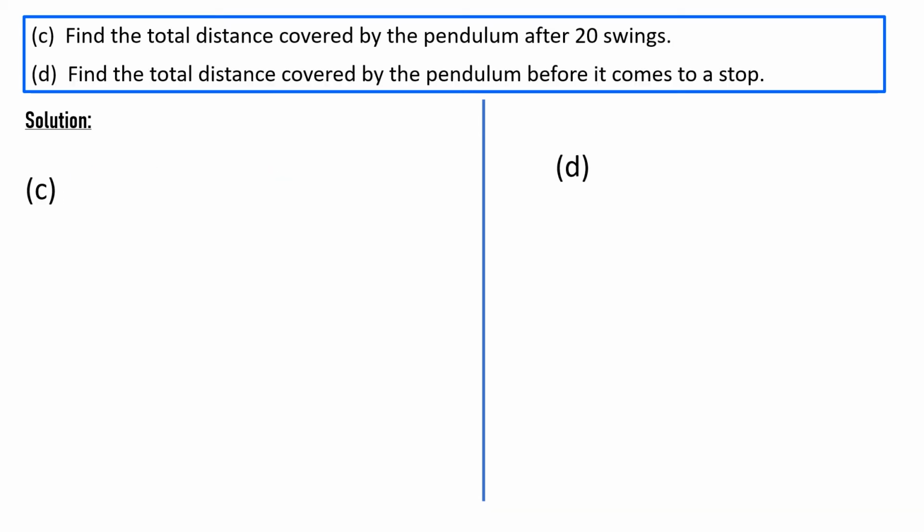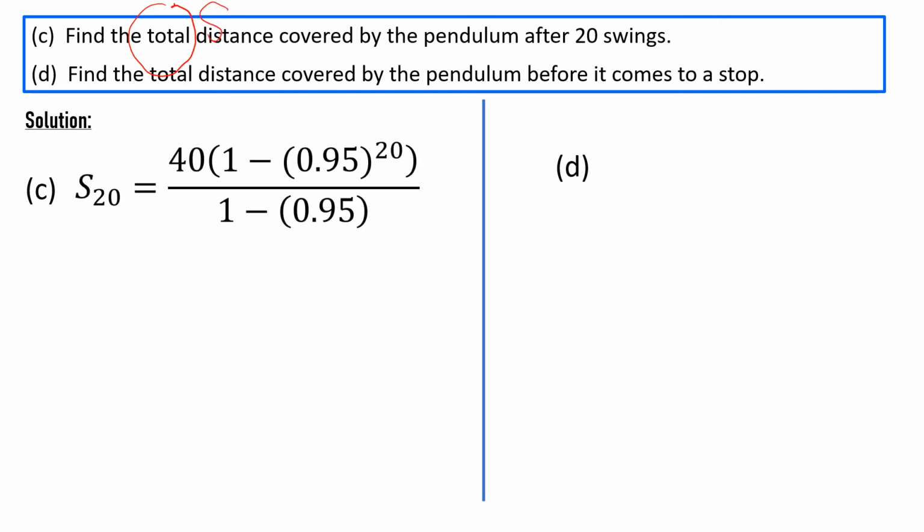Part C. Find the total distance covered by the pendulum after 20 swings. So, we want to find total, which means S. For part C, we have to find S20. Substitute all the values into the formula and we get S20 equal to 513.21 cm.